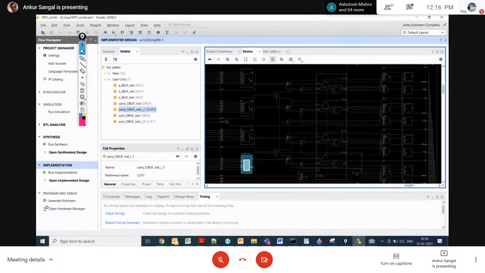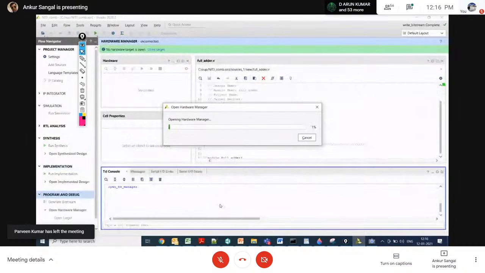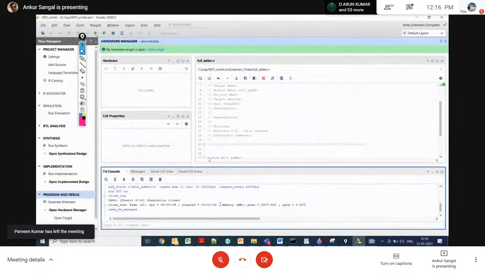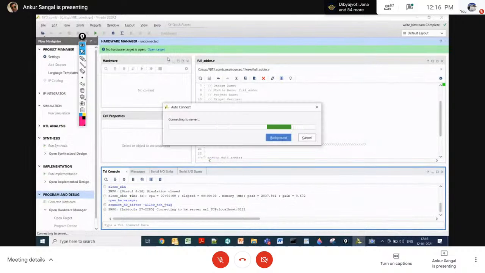Now we have already generated our bitstream. Open Hardware Manager. I already connected the board, so you need to click on open target, auto connect.